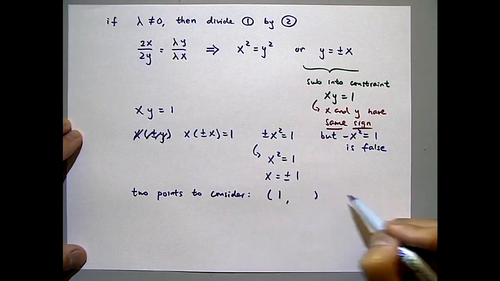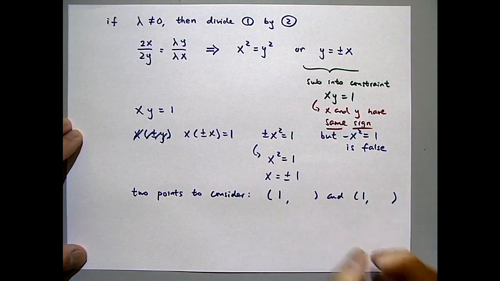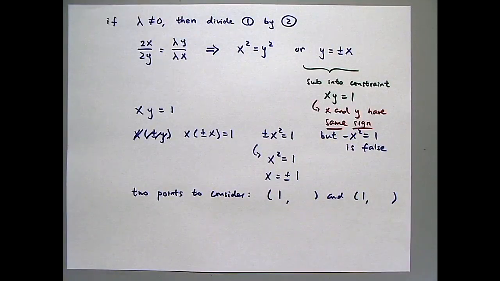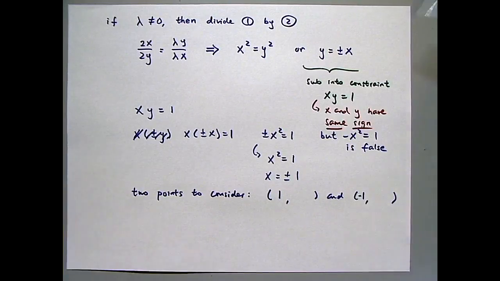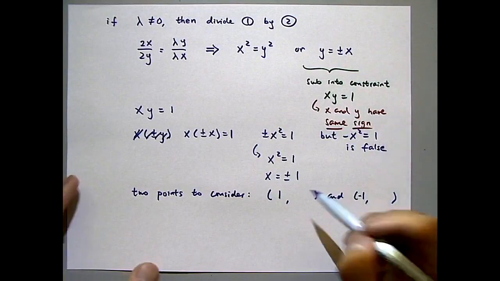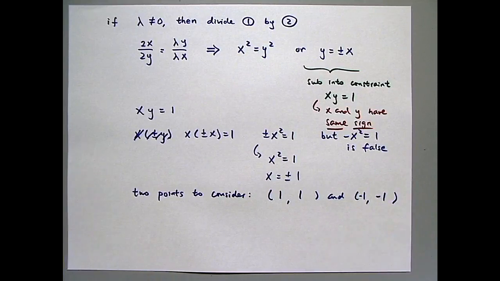x is plus 1 or minus 1, and y is the same number, and also is going to have the same sign. So we have (1, 1) and (minus 1, minus 1) to consider. All right?